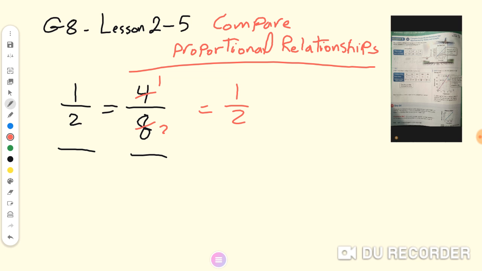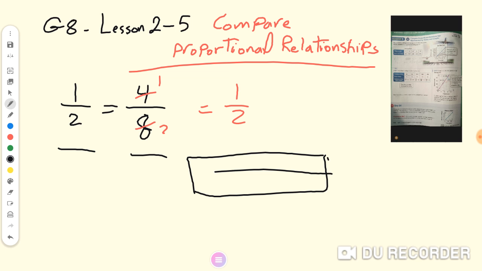Actually, we can represent the proportional relation in many ways. One of them is the table. If I have x and y, and some proportional relation numbers: 1, 2, 2, 4, 3, 6. They are proportional.